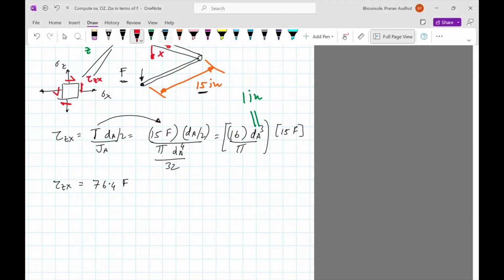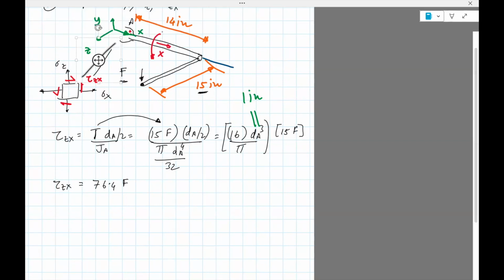For the bending moment, there's a bending moment in this plane, the xy plane, like this. This is the z-axis. This is the moment M. It's actually Mz. If you like, you can call this torque about x, Tx.